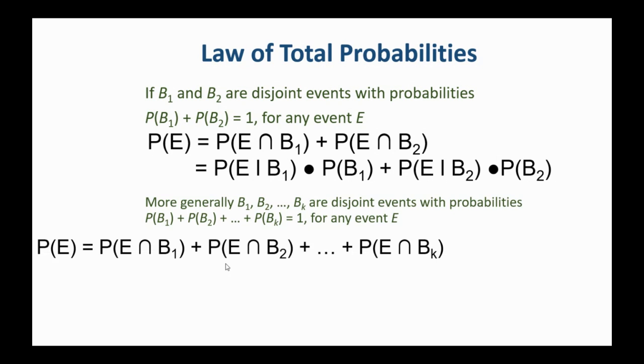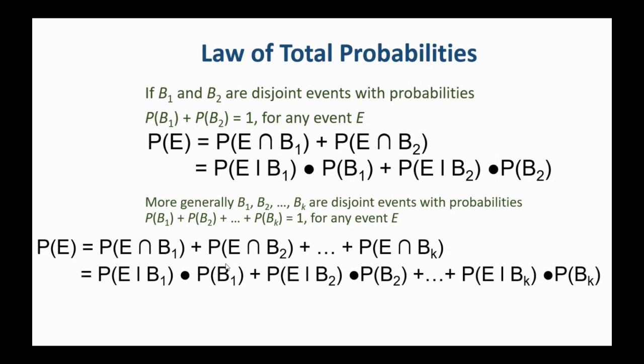Taking the same concept, the probability of E is equal to the probability of E and B1 occurring, E and B2, all the way to E and B sub K. So expanding that formula out like we did the first one.